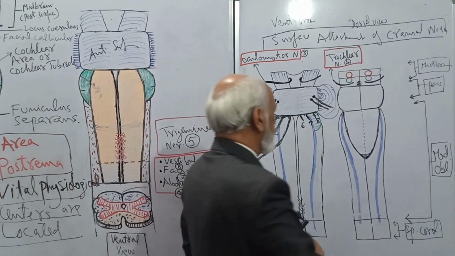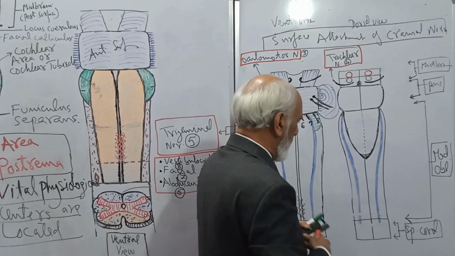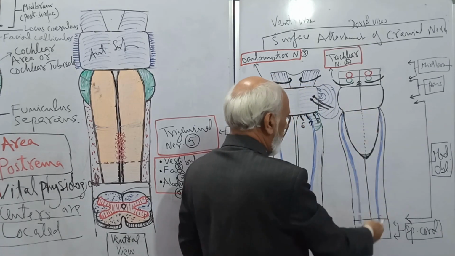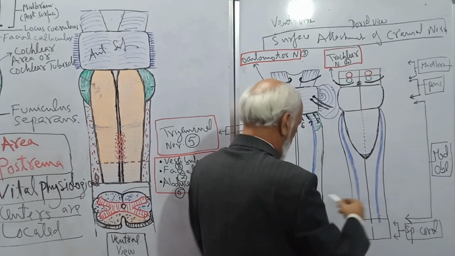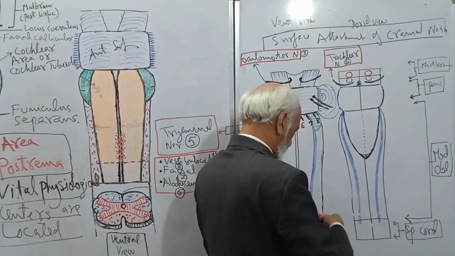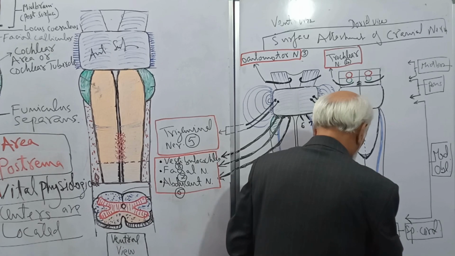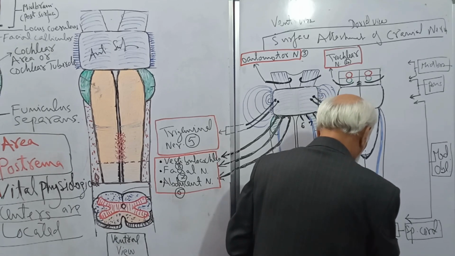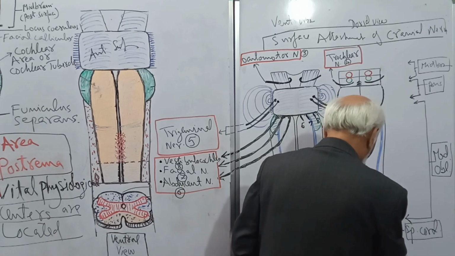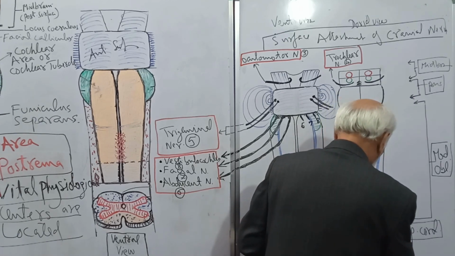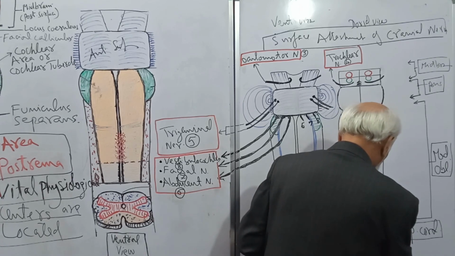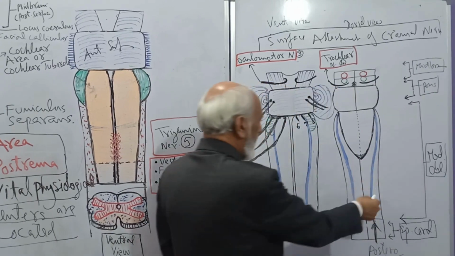Next, this is the dorsal surface of the medulla oblongata, and this is the posterolateral sulcus, right side, left side.